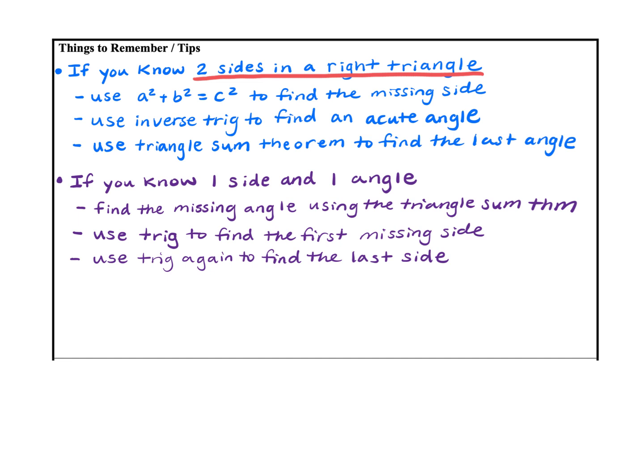If you know one side and one angle, that was the last two problems that we just went through, you can find the missing angle using the triangle sum theorem, and then use trig to find the first missing side, and then use trig again to find the last missing side.